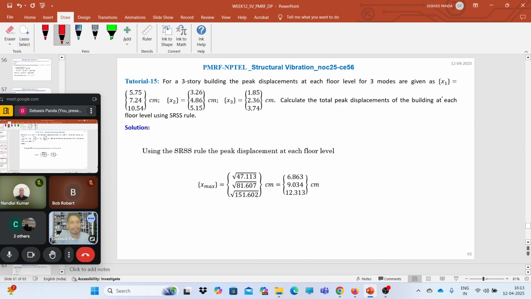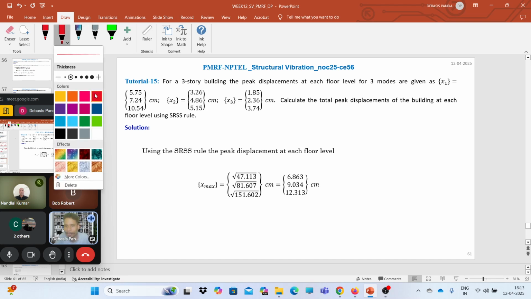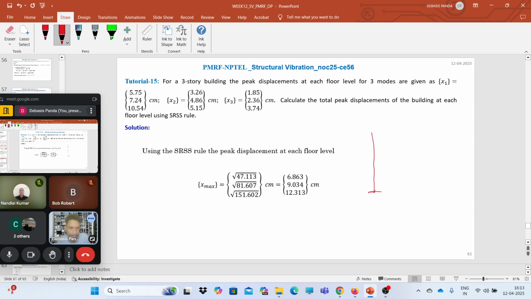Now for the same three-story building, we have also discussed different kinds of modal combination rules, right? Say u11, u21, u12, u22, and for the modal combination rule, we have seen that we have SRSS, we have absolute sum, we have CQC, right?